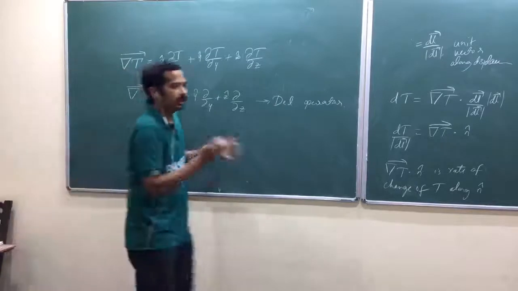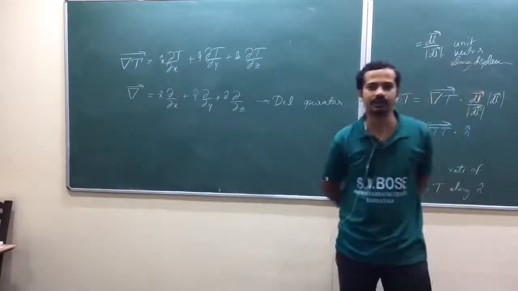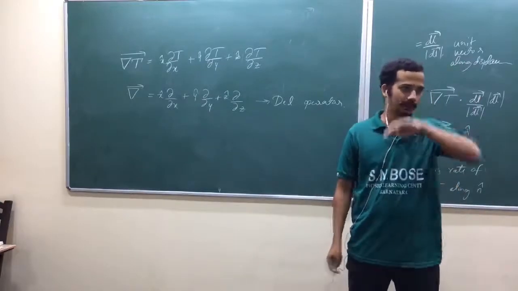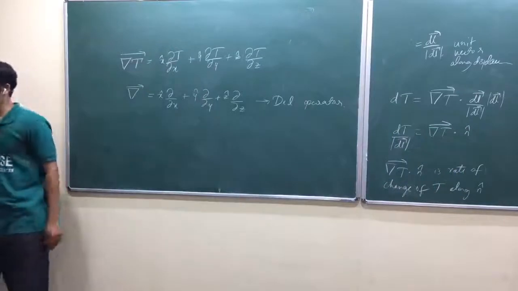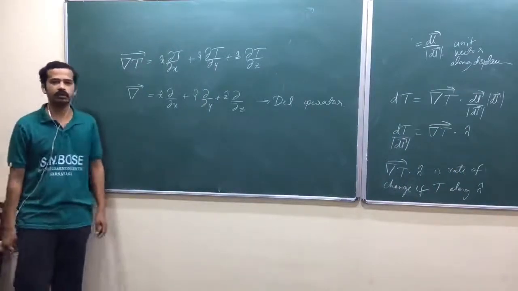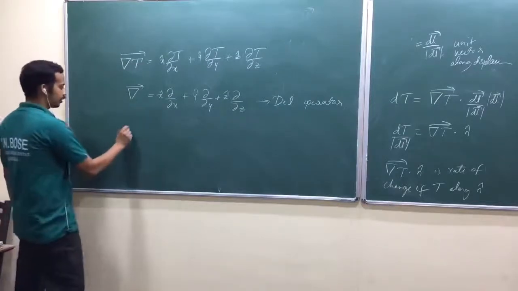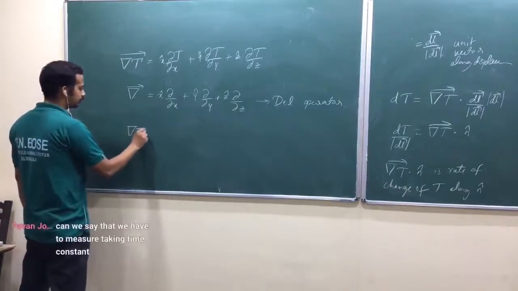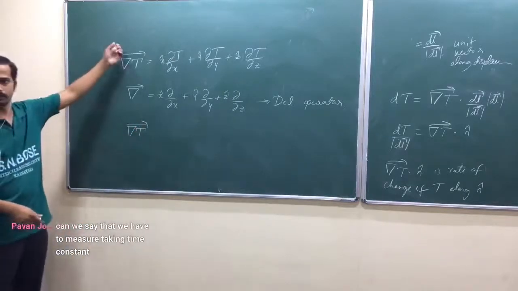Now you can treat the del operator similar to a vector, not exactly the same as a vector. For a vector, you can do many things. You can multiply that vector by a scalar, you can take a dot product, you can take a cross product. Similarly, you have three different things that you can do with the del operator. One is gradient, which we have already done.